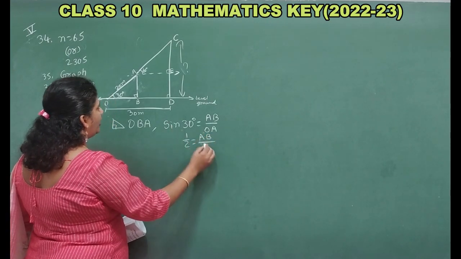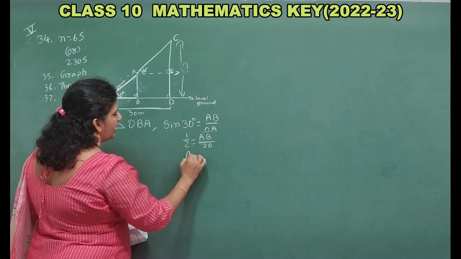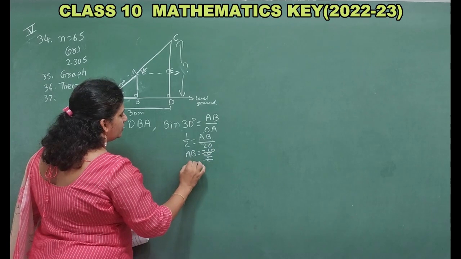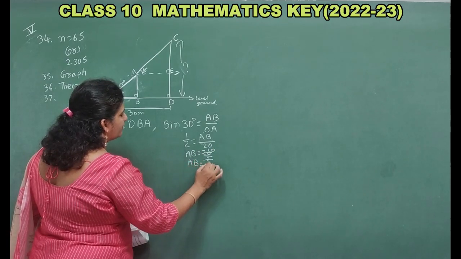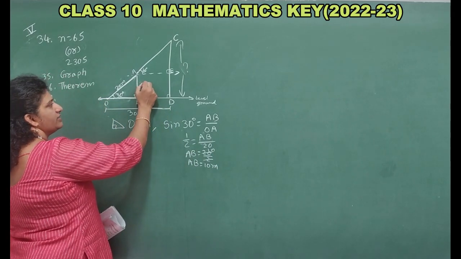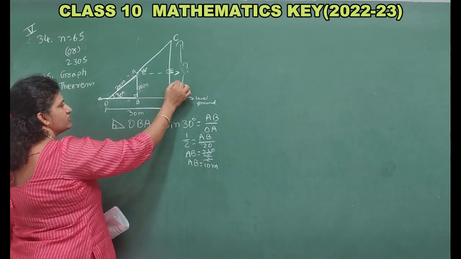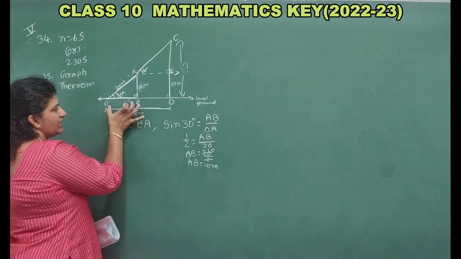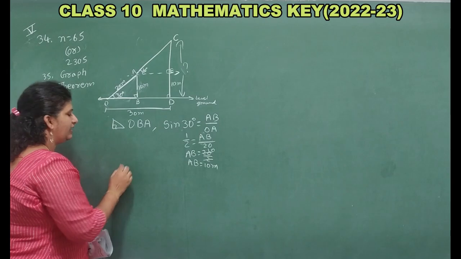OA is 20. AB is equal to 20 by 2, that is 10. So what is the height of the first small pole? It is 10 meters. Look here, this is 10 meters and this is also 10 meters. ED is 10 meters.